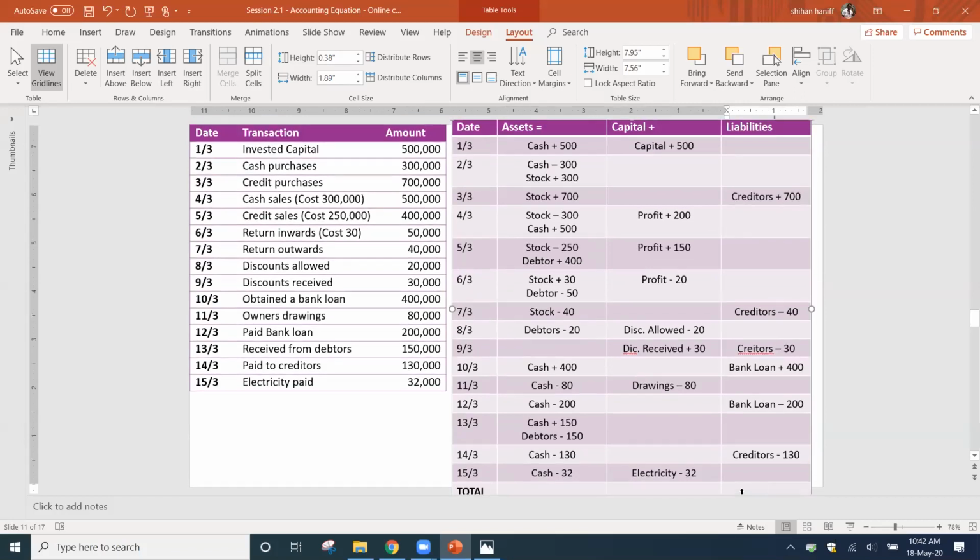Now in your A-level exam, calculators are allowed. You can use a non-programmable calculator. It will make your life easier.